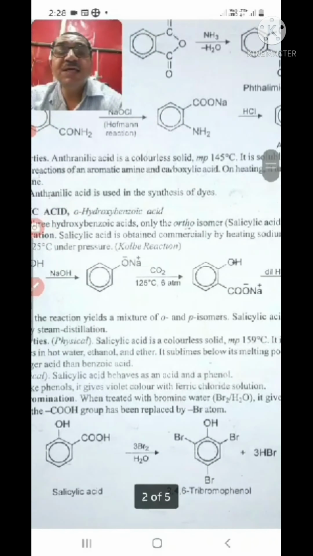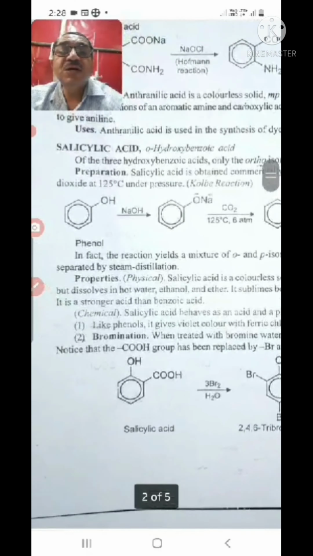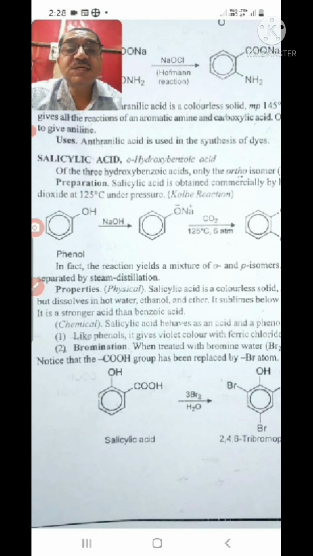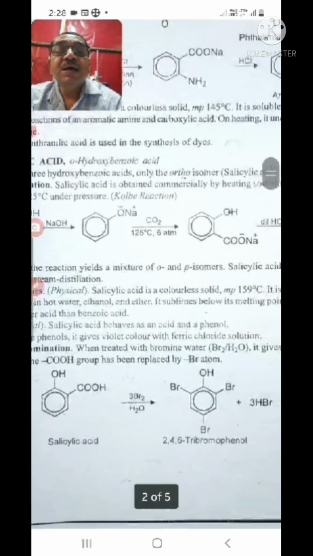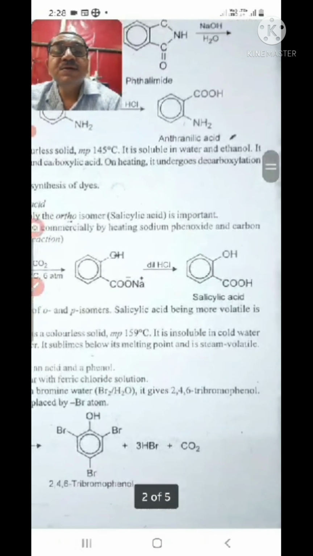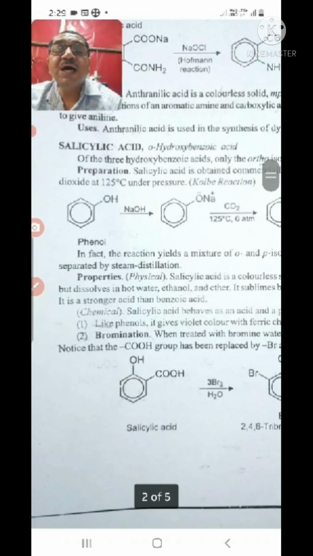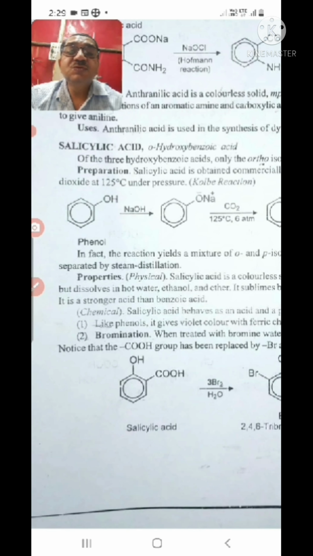Salicylic acid can be prepared by two methods, just by using phenol: the Kolbe reaction and the Reimer-Tiemann reaction. When we treat phenol in presence of NaOH, we get sodium phenoxide, and when we treat it with carbon dioxide at 125 degrees centigrade under pressure, we call it the Kolbe reaction.